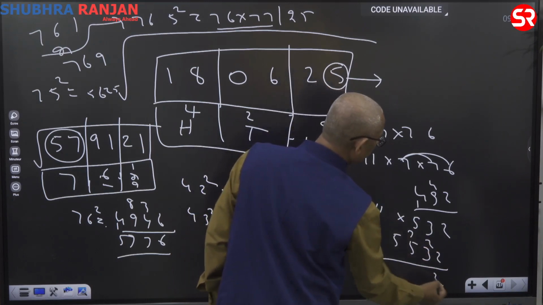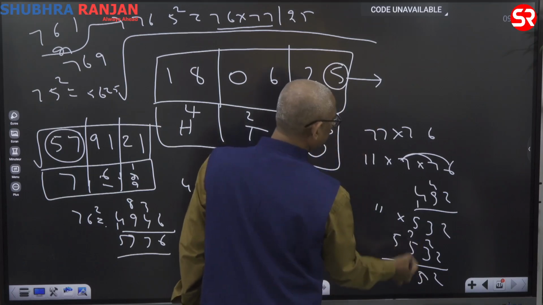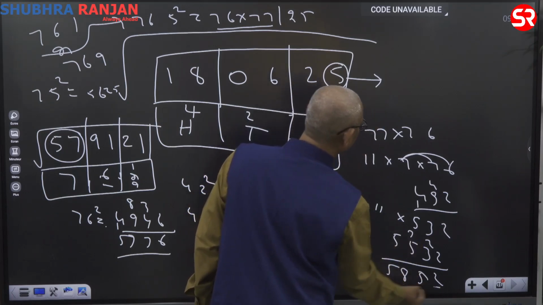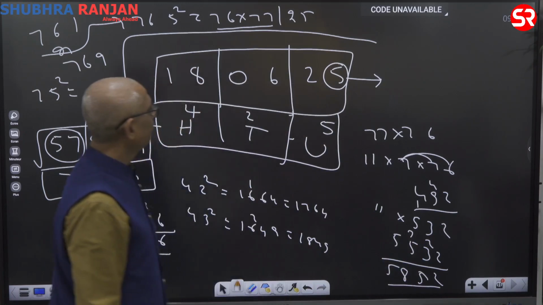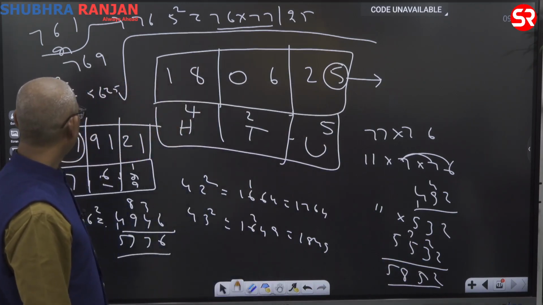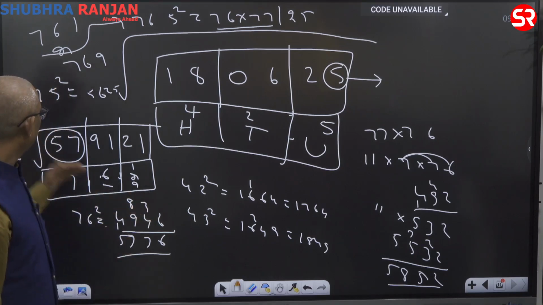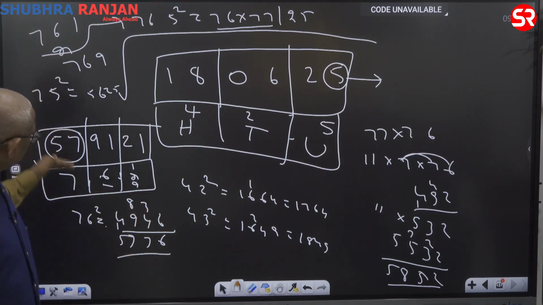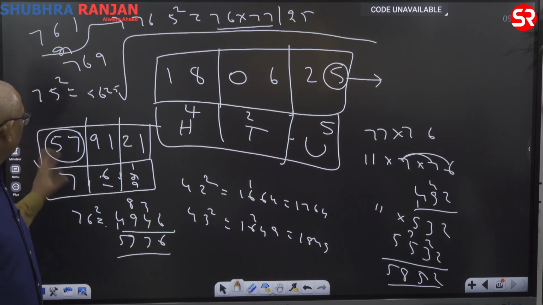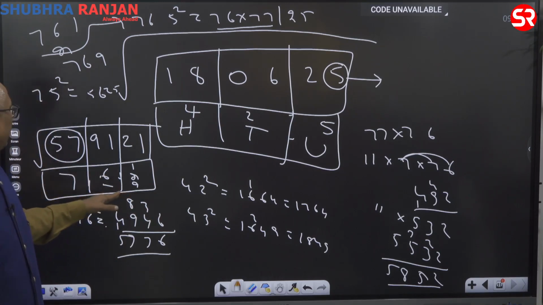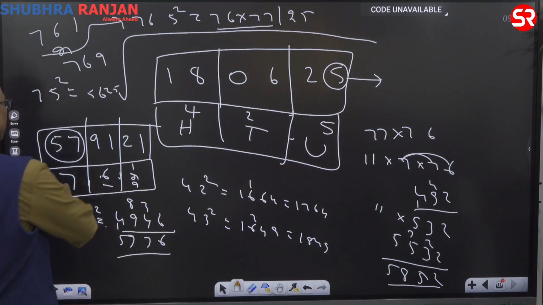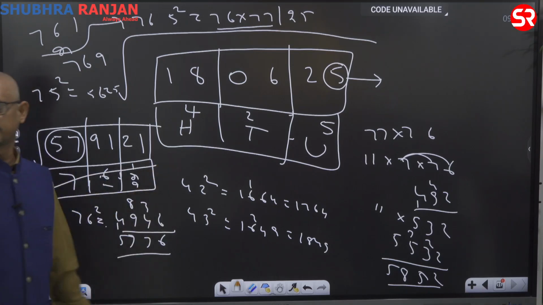So the answer is 2, 5, 8, 5, 5, 8, 5, 2. So 77 into 76 is 5852. 5852 is greater than this one. Okay. No need to go for 9. So the answer is 761. Is it okay?